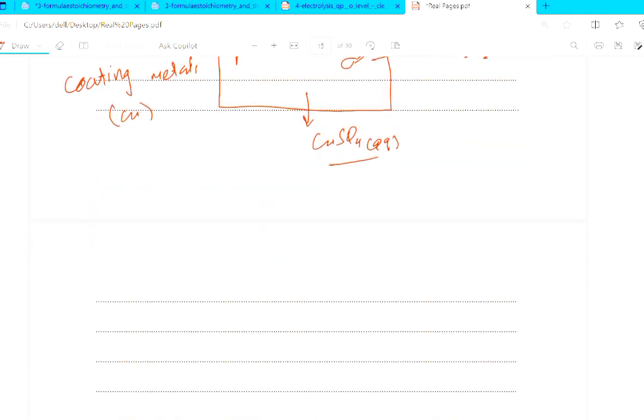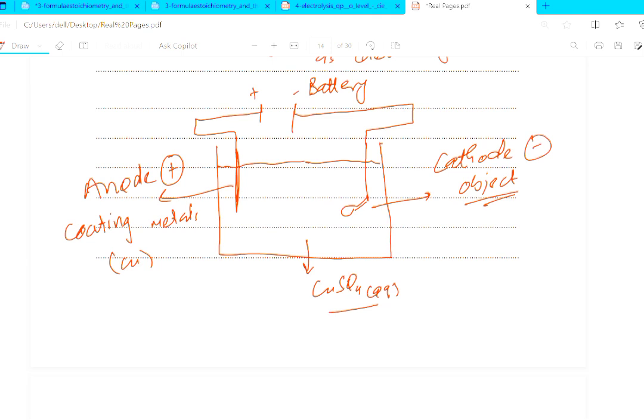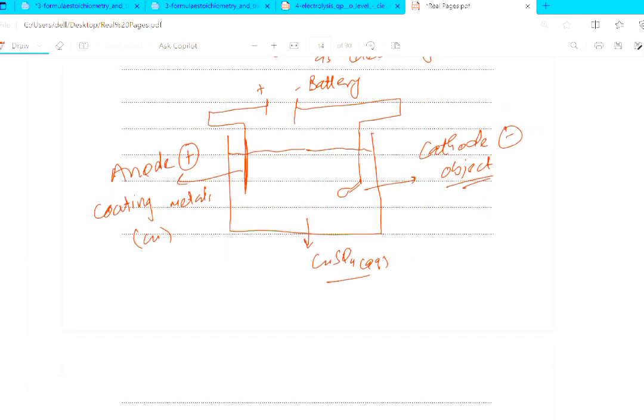So what will happen on the anode? The copper from here will be oxidized, it will lose electrons, and those electrons will be given to this. You can see over here the oxidation takes place. Next, the same copper will move towards the cathode as Cu plus 2.